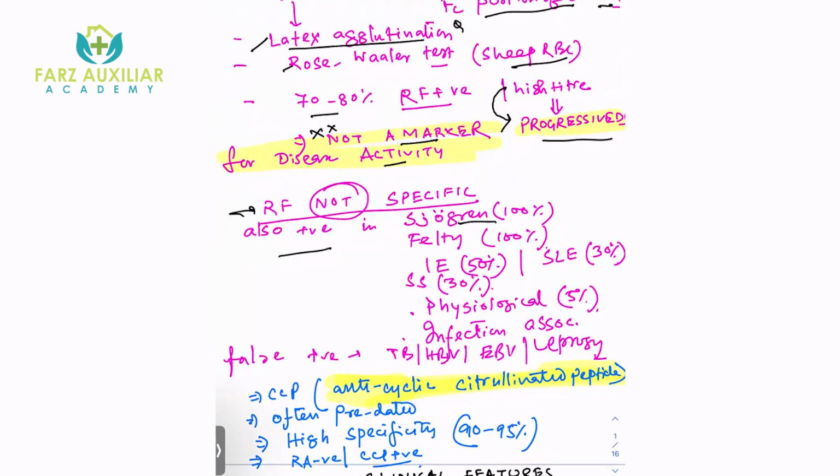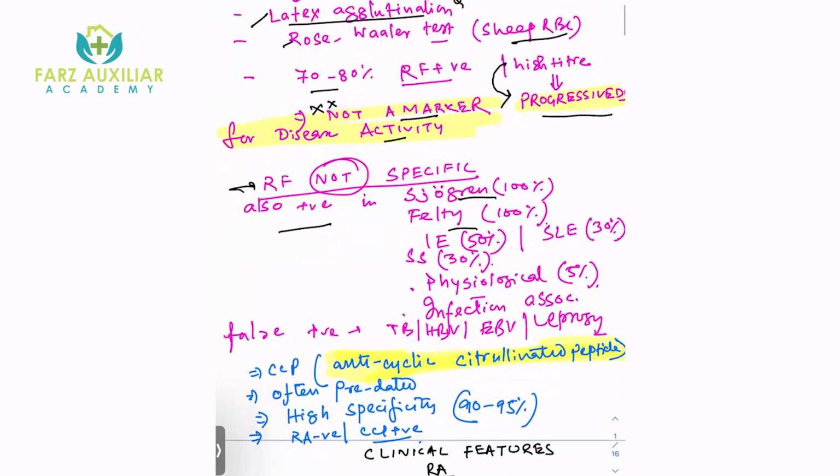RA factor is also present in Sjogren's syndrome and Felty syndrome. We are coming to it. It is RA with splenomegaly. Then infective endocarditis, 50%. These percentages written are the percentages of cases where it can be positive. SLE also we get RA factor positive. SS means systemic sclerosis I am talking about.